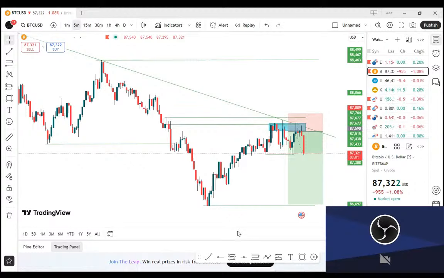So we'll still be patiently watching the price. This is BTC USD. Very nice trade.